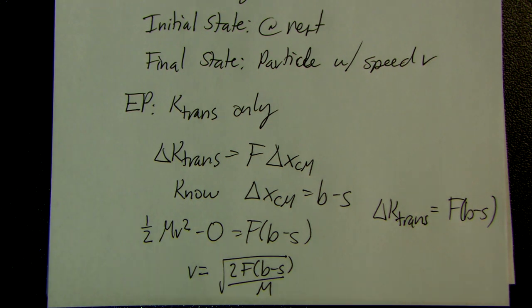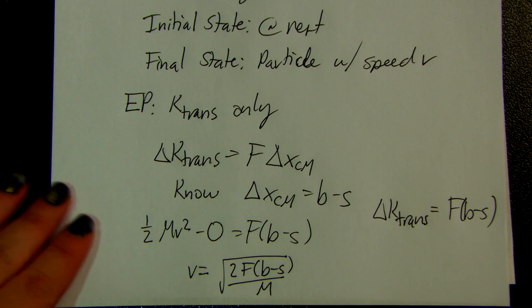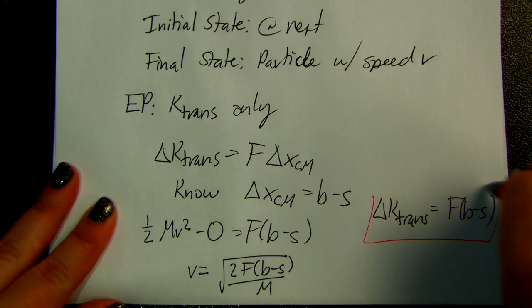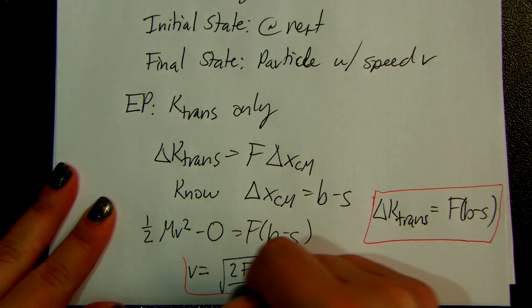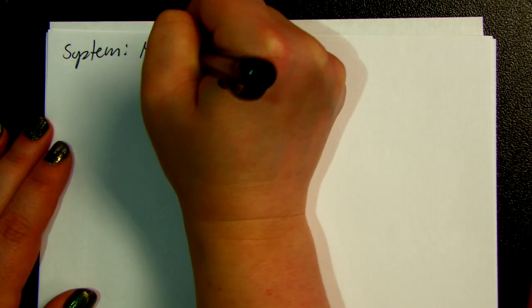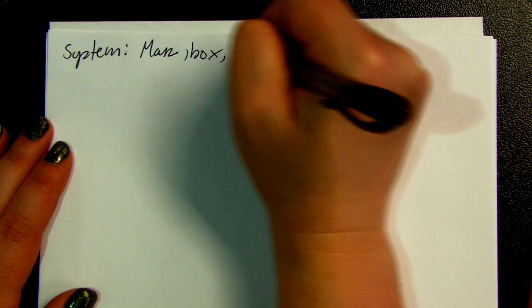Okay, so if we want to go after the internal energy, we're going to need the extended system. So let's do the extended system next. I'm going to quickly box this. I would recommend you box these in your own notes, and definitely on quizzes and tests. So our system here is the mass, the box, and the spring.